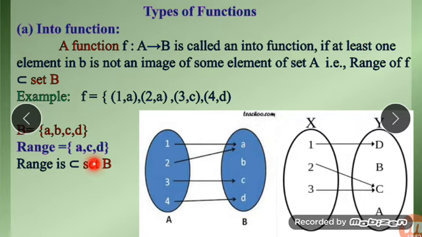If we want to find the range of the function, the range is the second elements, which are a, c and d. So we can see that this is a subset of B. Range is a subset of B. So this can be termed as into function if range is a subset of B.